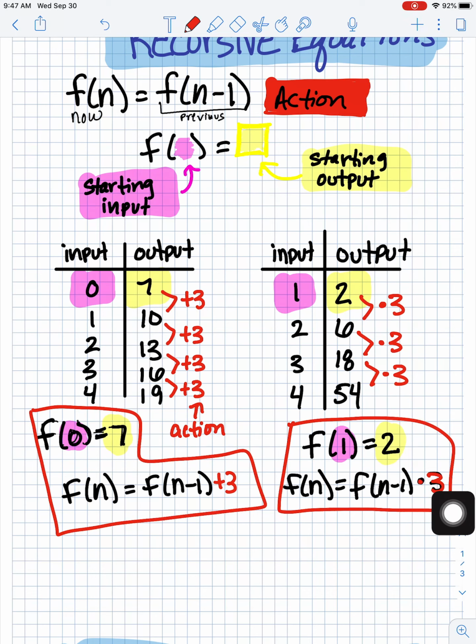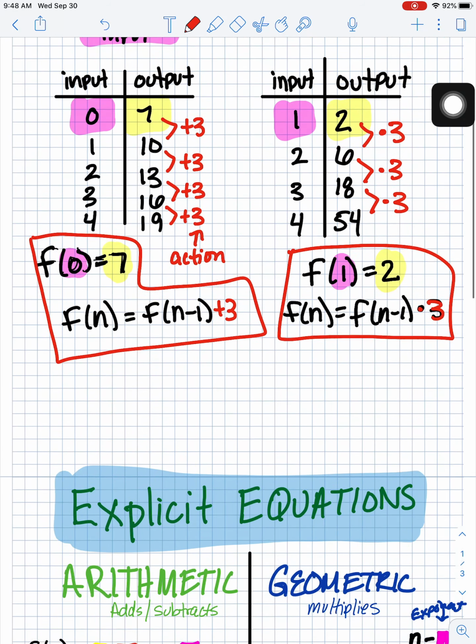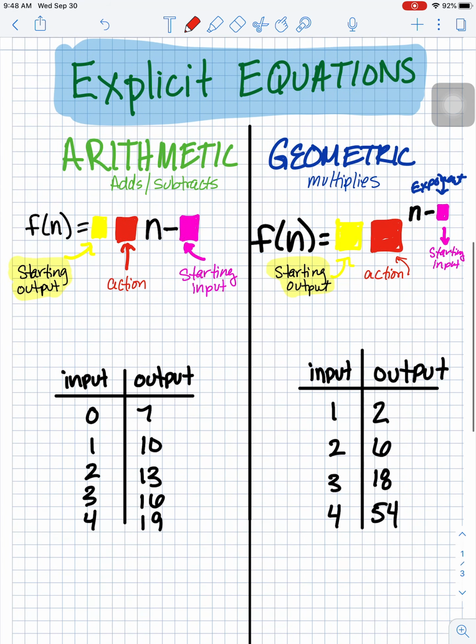That's a recursive equation. The cool thing about recursive and explicit is that they require the same 3 pieces of information: a starting input, a starting output, and an action. If I have those 3 items, I can write both a recursive and an explicit equation. Here are some notes on an arithmetic one. They are a teeny bit different.